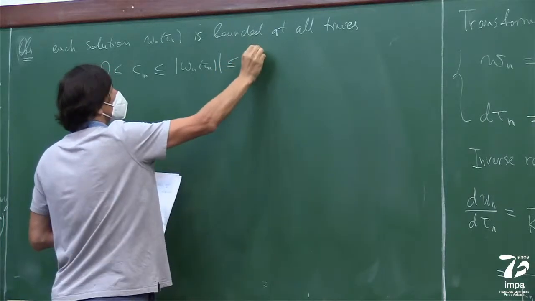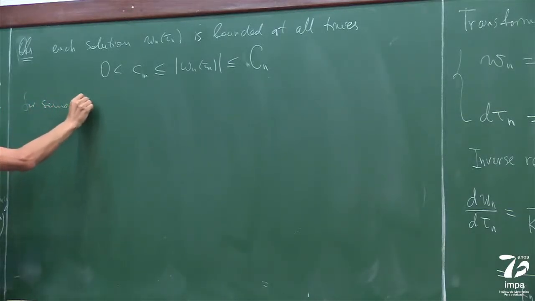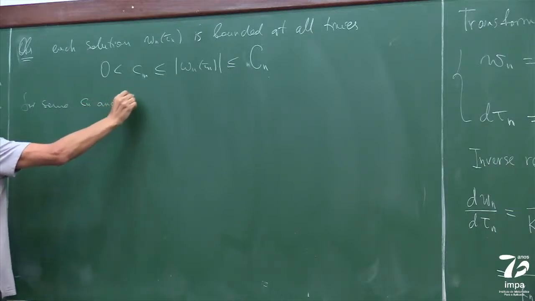So this small c and then another big C, for some Cn.